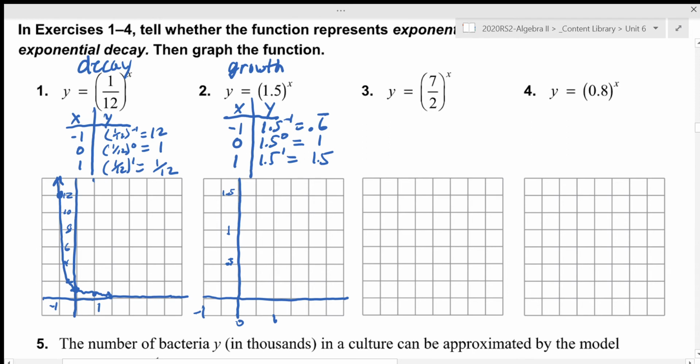At -1, we're plotting the point -1, 0.6 repeating. It's roughly around here. Then at 0, we were at 1. And at 1, we're at 1.5. It looks kind of linear, but it's actually an exponential curve.